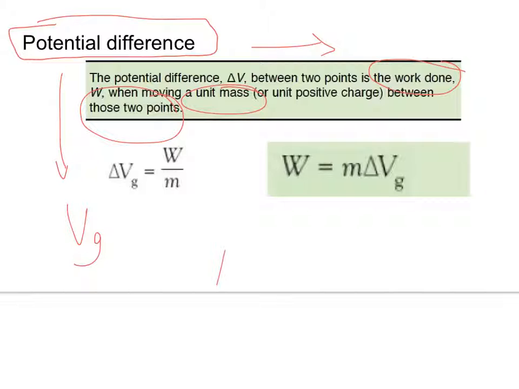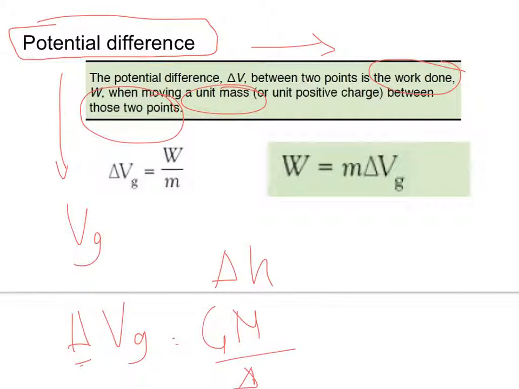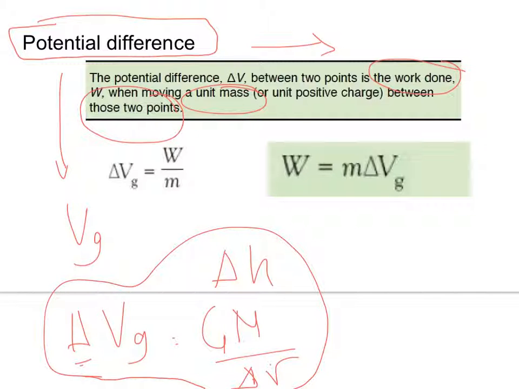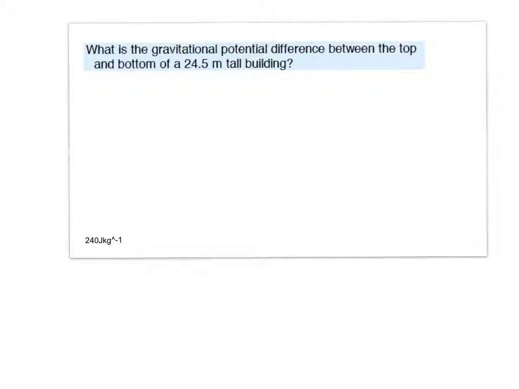So we're looking at a delta R here, and that would give us, in our relationship, probably G m over delta R. Again, not something that comes up very often, but it's important to appreciate the difference between potential difference and just potential on its own. So now just appreciate that difference by trying this next question.